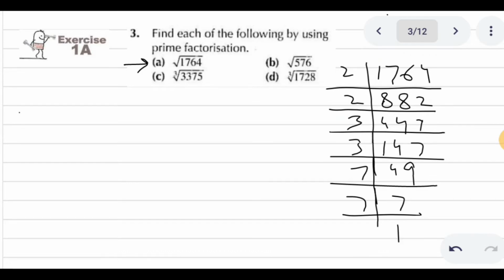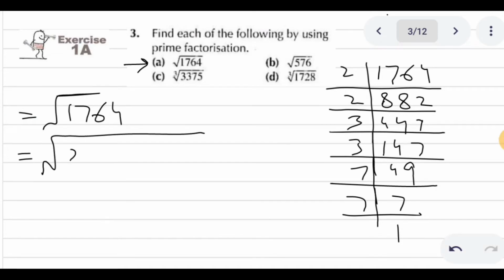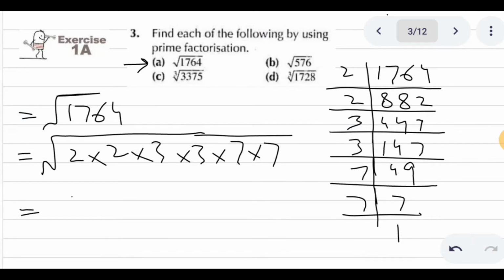So its factors will be, for 1764, 2 into 2 into 3 into 3 into 7 into 7. Now we will write it in index notation: 2 to the power 2, 3 to the power 2 and 7 to the power 2, and the square root has the power 1 over 2.